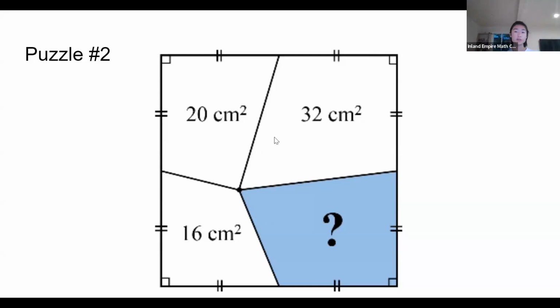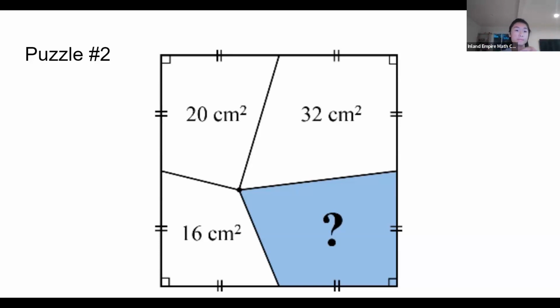So does anyone see where we could potentially put some triangles? Just let me know in the chat. Jaden, Jasper, Loy, guys got anything?